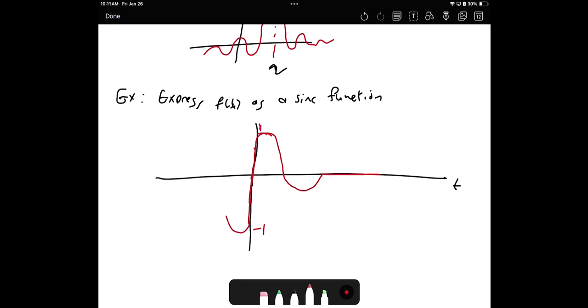Here it uses pi is 3 pi over 2, and one uses negative pi, negative 3 pi over 2. Okay, this function looks weird.